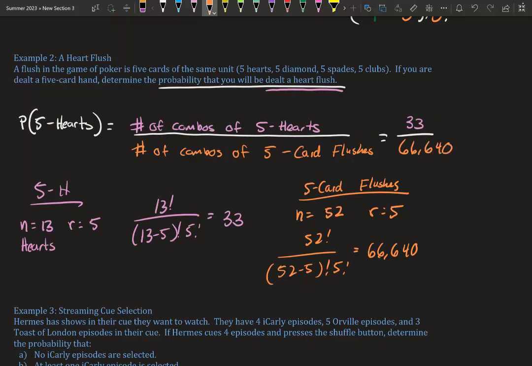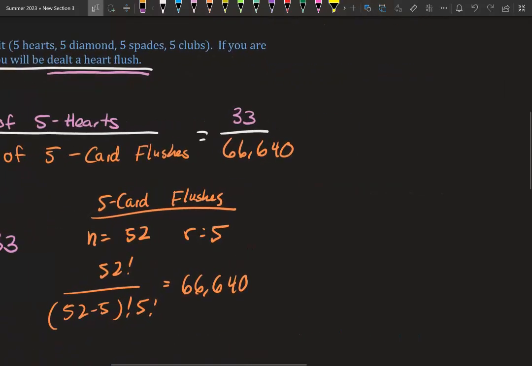Now, you're going to have to plug this into your calculator no matter what. When you plug this into a calculator, you might get a decimal or you're going to get a weird answer. I'll show you what weird answer you're going to get on your calculator. It's going to look like this.